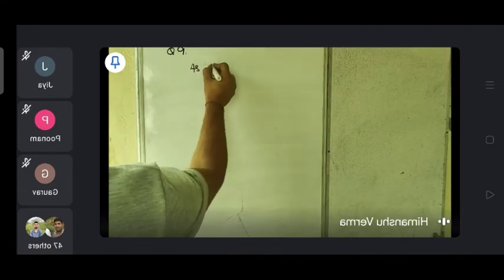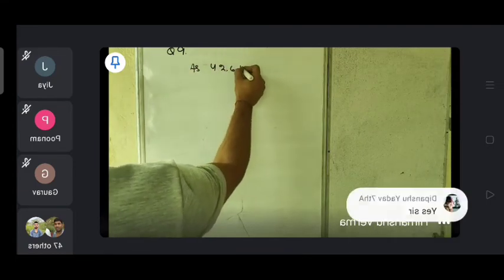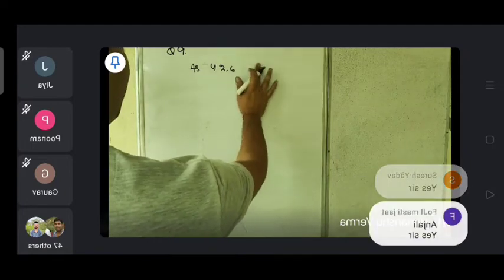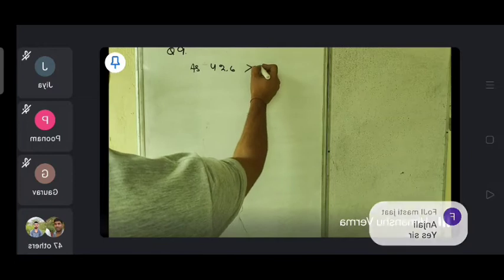In question number 9, how much less is 28 kilometer than 42.6 kilometer? So we know 42.6 is more than 28.